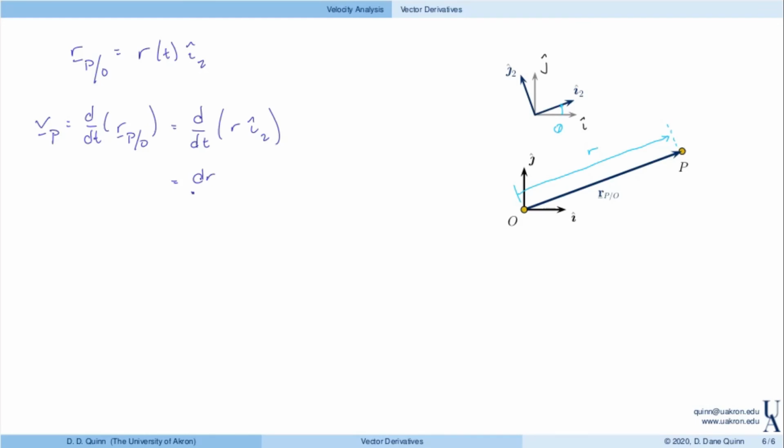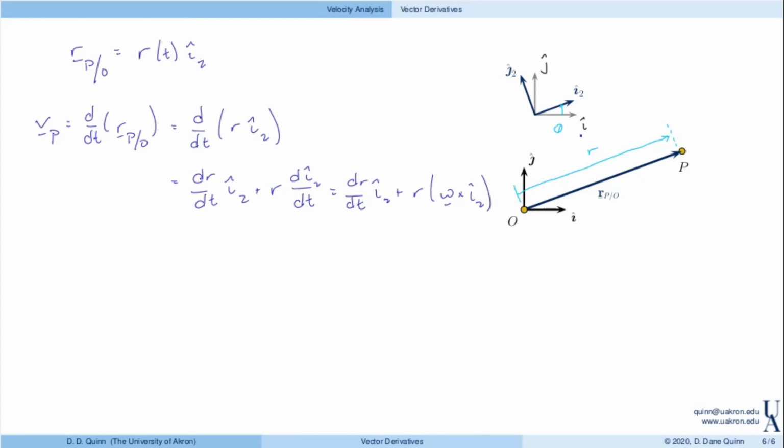So dr/dt in the I2 direction plus r times dI2/dt. And that becomes dr/dt in the I2 direction plus now the angular velocity. Well, it's r times the angular velocity cross I2.